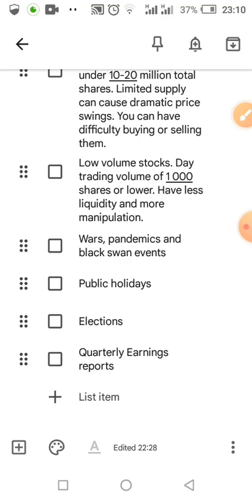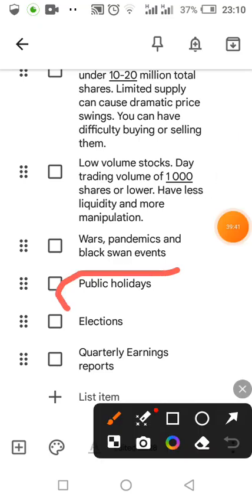And then also for public holidays, we don't usually consider public holidays for synthetic indices, but on USA public holidays, Deriv may change the leverage and also commissions of trades. So also don't trade synthetic indices on public holidays of USA.